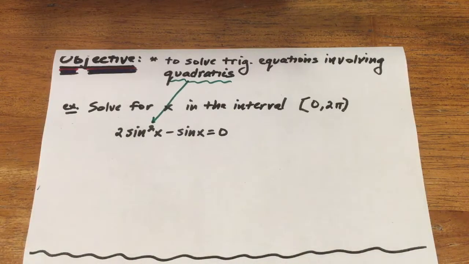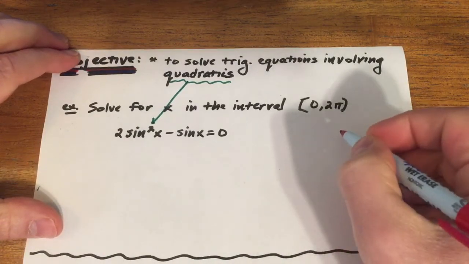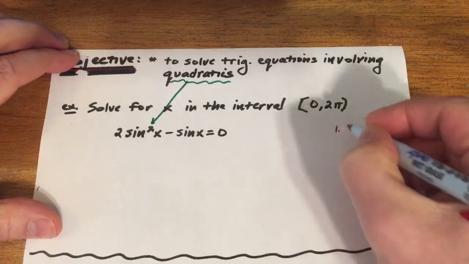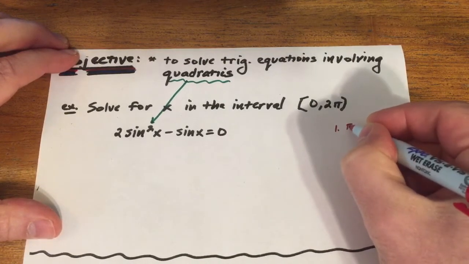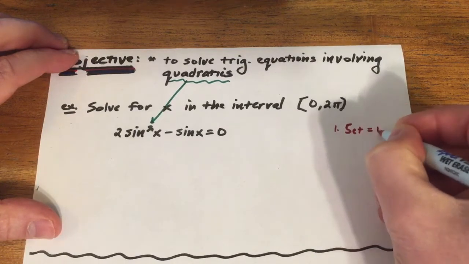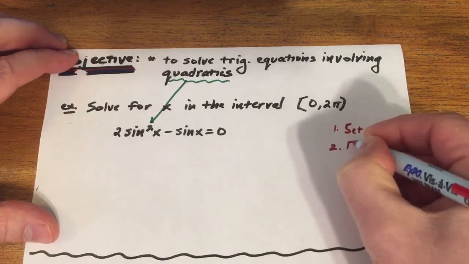Well, we can solve one of these equations very similarly to the way we solved quadratic equations back in algebra. You probably remember, if we had an algebraic quadratic equation, the first thing that we tried to do was see if we could set that quadratic expression equal to 0. Second thing we tried to do is go ahead and factor.